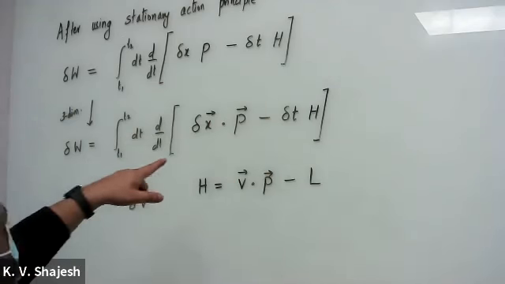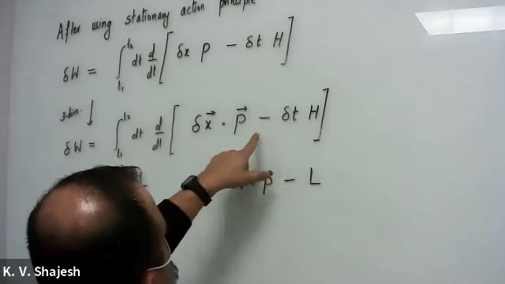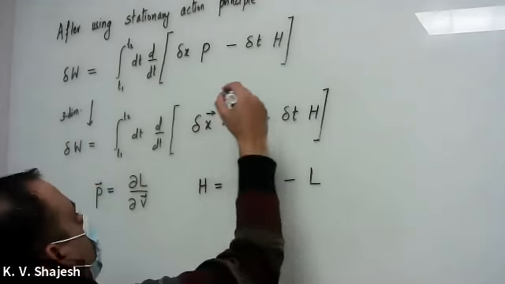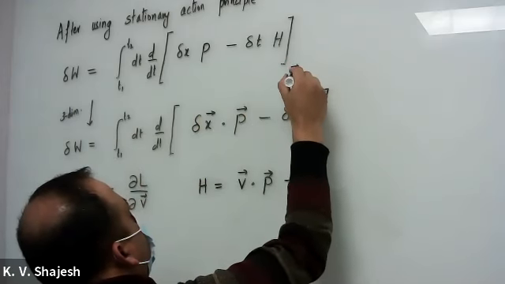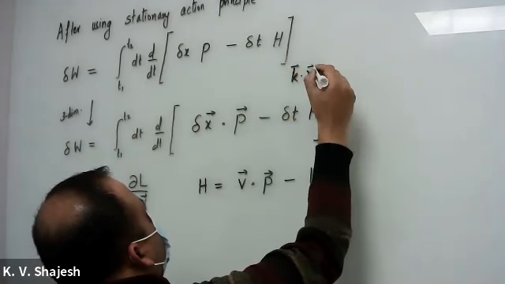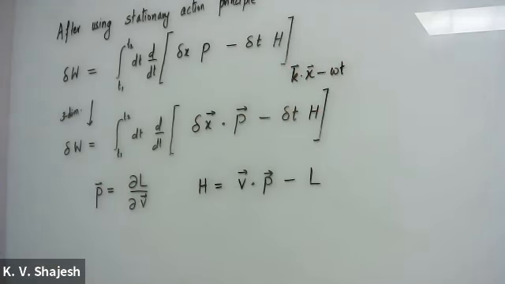It's like a Fourier transform, right? Kx plus omega t, so you would say this is equivalent to Kx minus omega t. So omega has this energy feature in there.